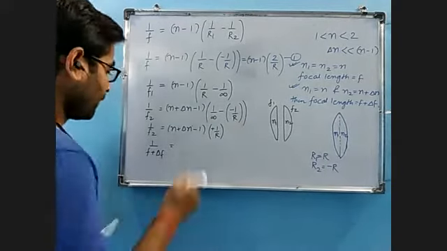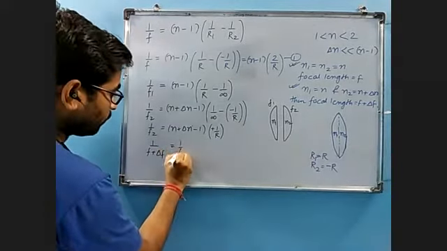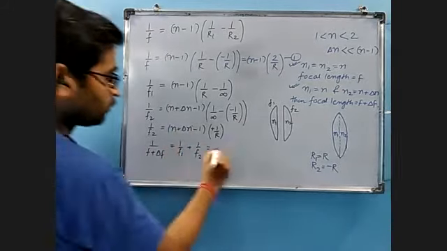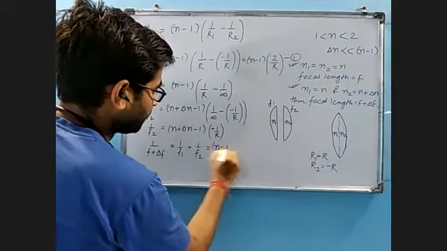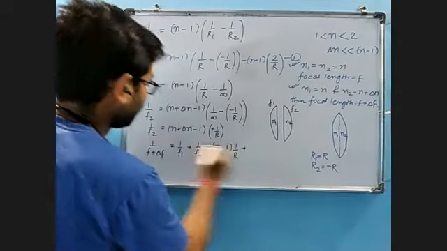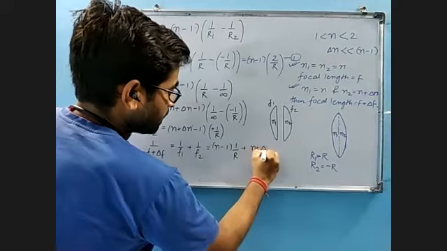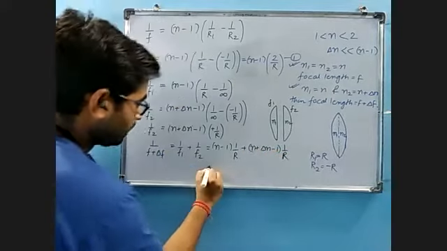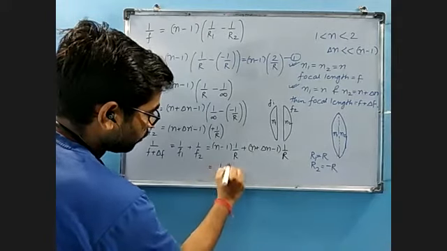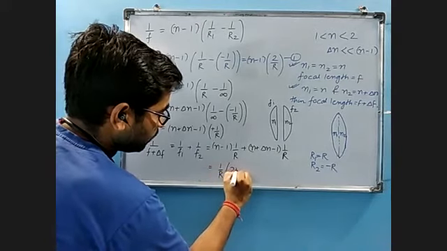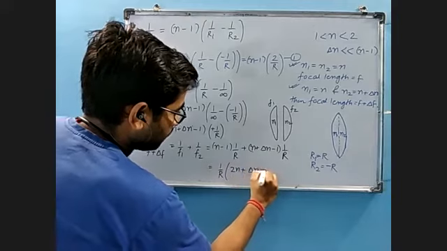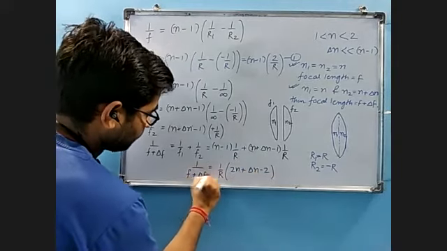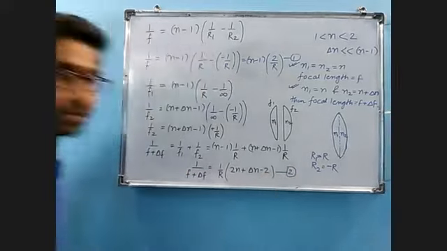So this will be equal to 1 upon f1 plus 1 upon f2. 1 upon f1 is n minus 1, 1 upon r, and 1 upon f2 is n plus delta n minus 1, 1 upon r. If you take 1 by r common, this will become 2n plus delta n minus 2, and this is 1 upon f plus delta f. Let this be the second equation.